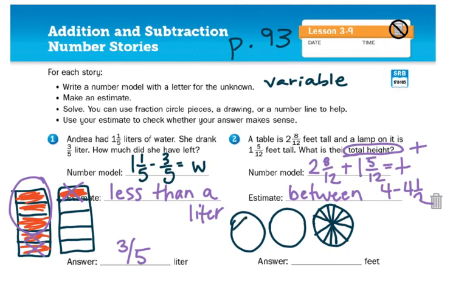So the table is 2 8/12, 1/12, 2/12, 3/12, 4/12, 5/12, 6/12, 7/12, 8/12. Okay. And another table is 1 5/12.